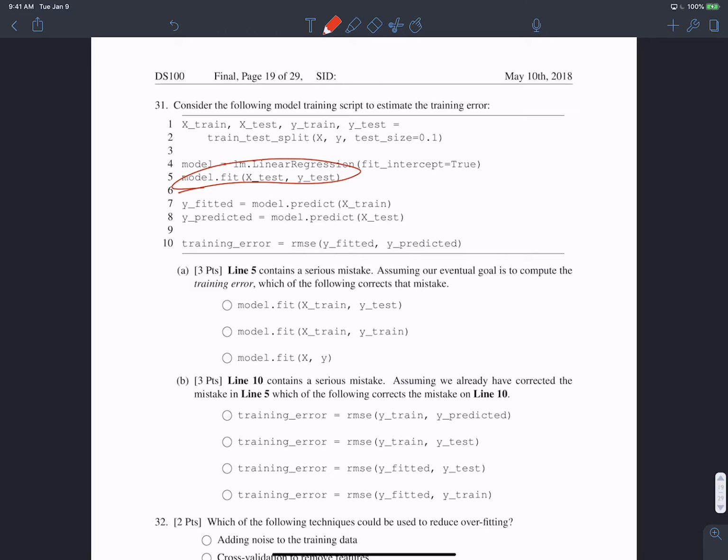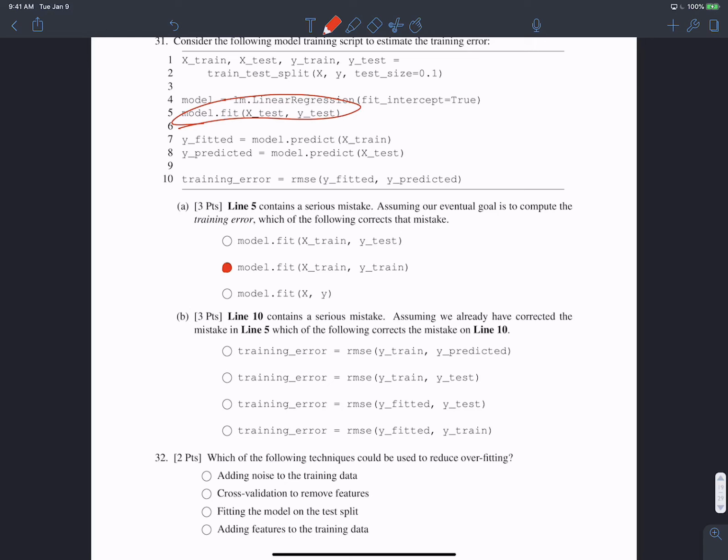The whole point of the testing data is that it's unseen throughout the model training and validation process, and you only test with it at the very end once your model is already trained, okay? So that's the mistake, and we always fit with X train and Y train. So that would fix that mistake.